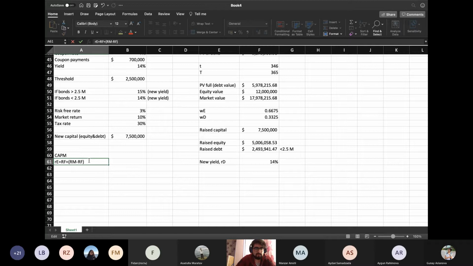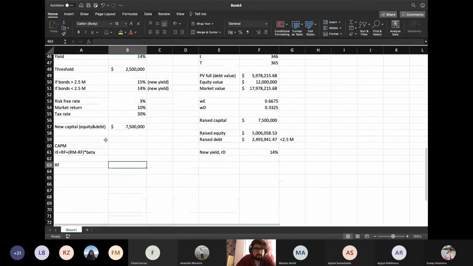This is also our risk premium, multiplied by beta. So based on that, we can find our RE.